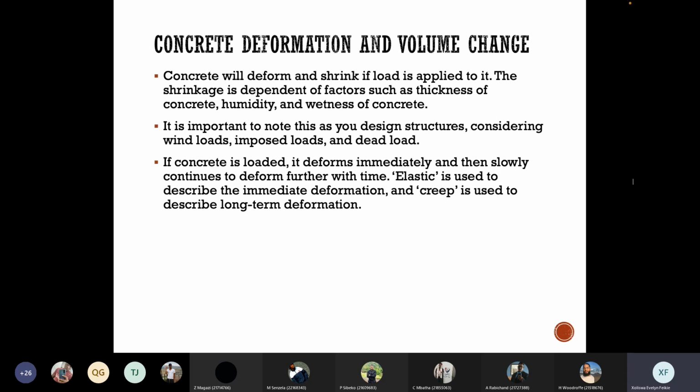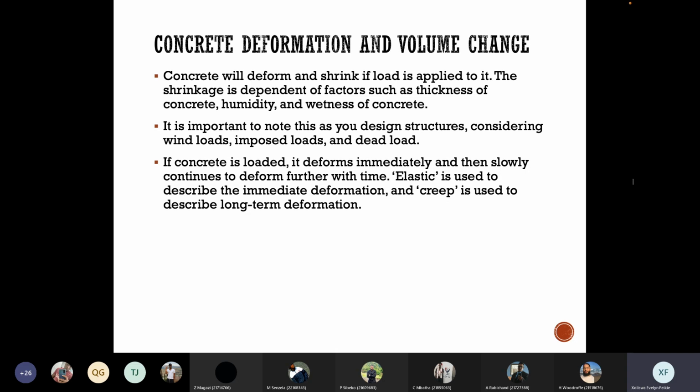So basically, think about it like this, because they already told you that concrete is good in compression but very bad in tension. If you have a beam and you load it on top, it will sag.